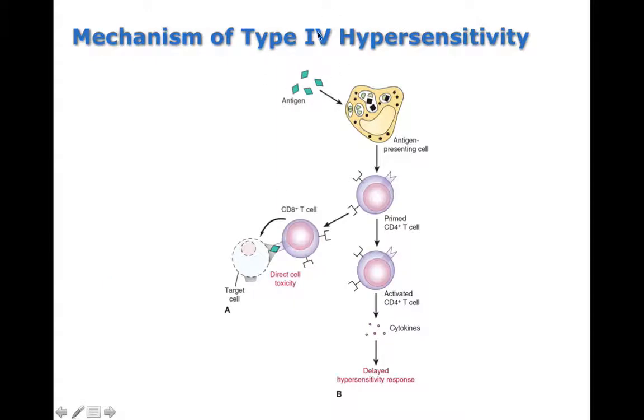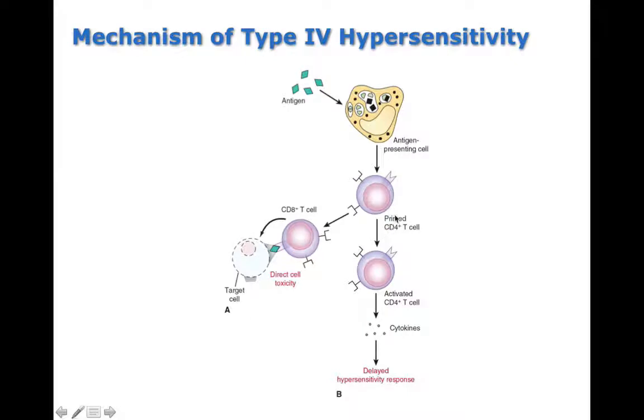Now, in terms of this mechanism, what's going on here is that we have antigen-presenting cells like macrophages that can engulf a foreign antigen, right? Now, once they present this antigen to the CD4 cells, the T helper cells, they can essentially cause excitation of cytotoxic T cells, which can damage nearby tissues.